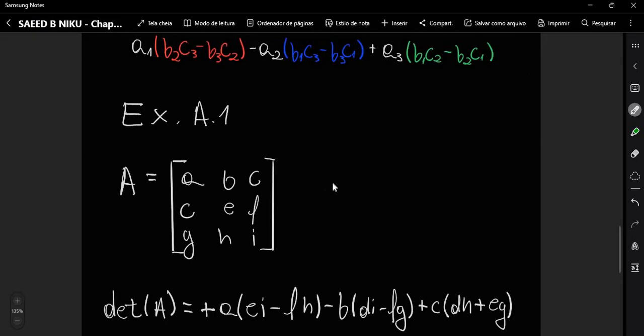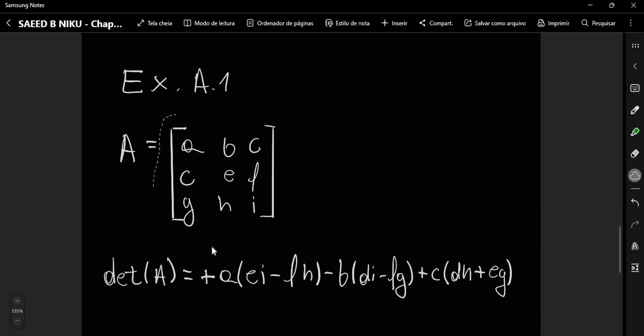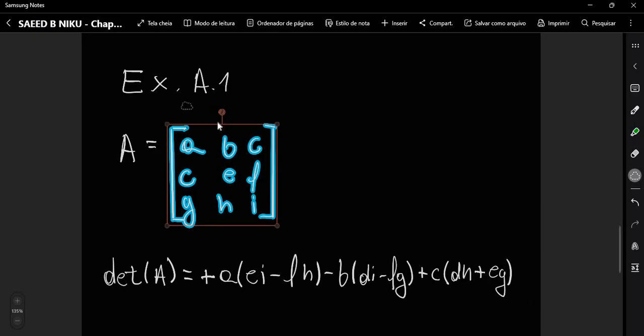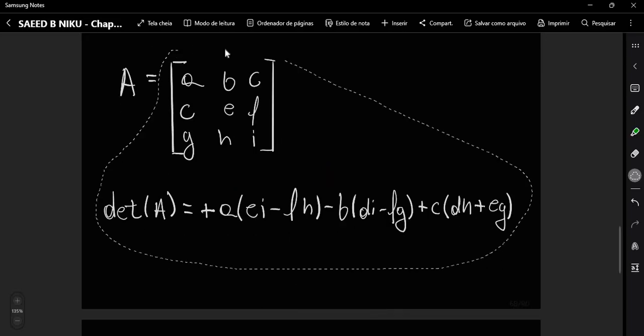And I will already copy this to use as reference. Let me copy the whole thing.